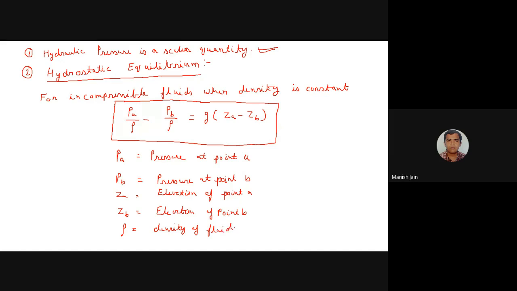So this equation is true when you have the incompressible fluid.